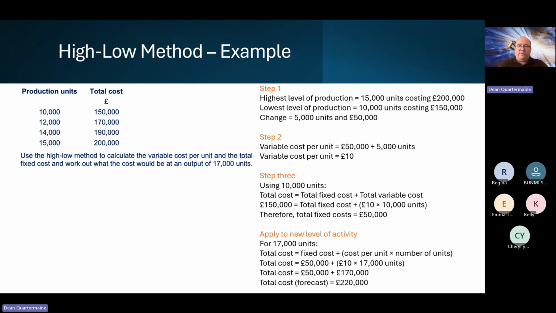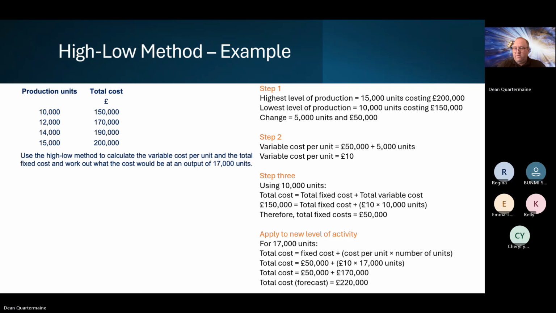Then we use the lowest level of production to substitute the numbers back in. Using 10,000 units, total cost we know to be £150,000, and that's equal to the total fixed cost, the bit we don't know, plus the total variable cost, which is the variable cost per unit, £10, multiplied by the number of units, 10,000.